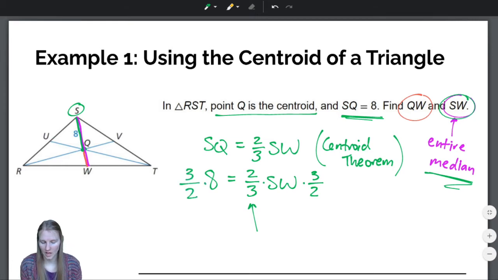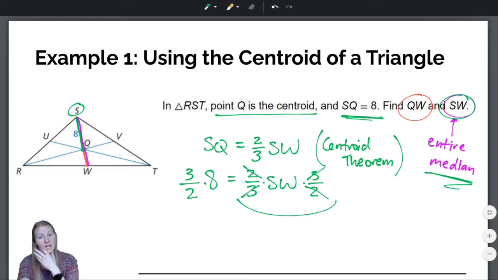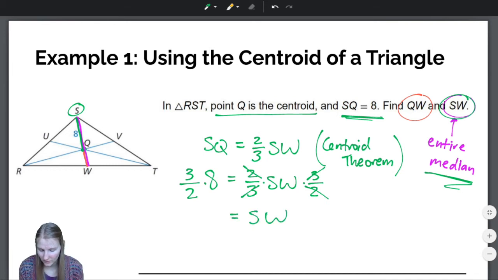So I'm going to multiply both sides by 3/2. And look, on the right side, when I multiply by the reciprocal, the numerator cancels with the denominator, right? 2 is on the top and the bottom, so it cancels. And 3 is on the top and bottom, so it cancels. So on the right side of my equation, I just have SW.